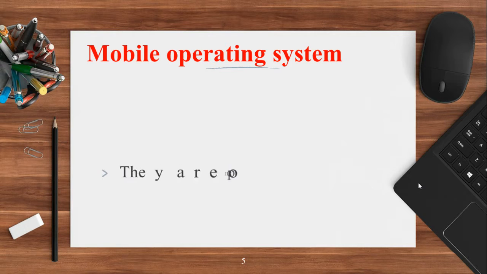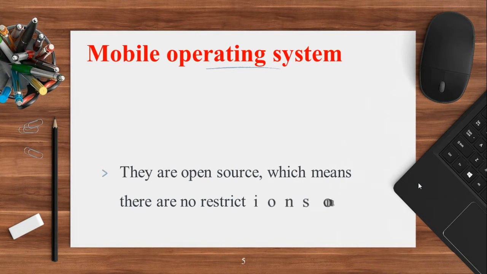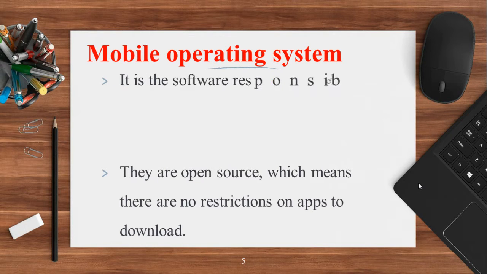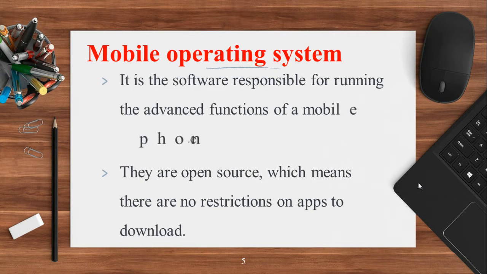So the first topic we are going to see today is mobile operating system. Okay. So what does mean by mobile operating system? You all use your mobile phones, but do you know how it is functioning? No, because you just open the applications and you work on it, but you don't know what is happening behind the process. So there is a software which helps you to connect between the application and user.